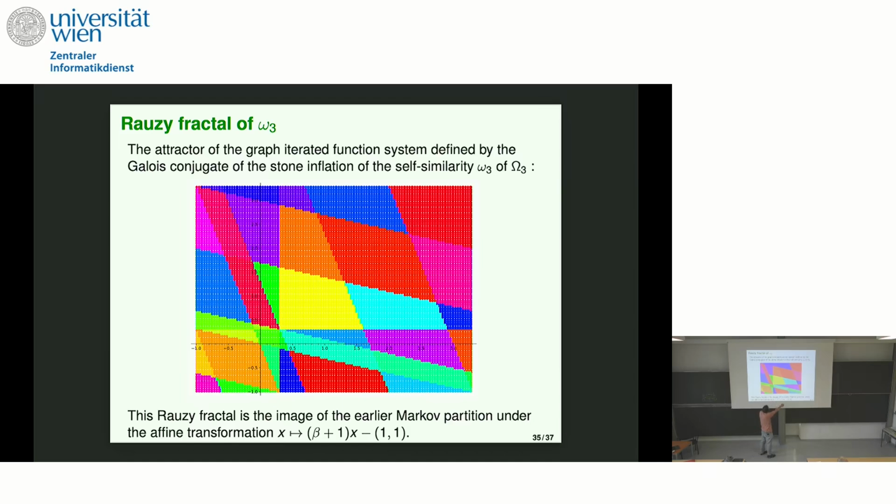So these are the white tiles. Here you have the blue, the yellow, and the green, horizontal and vertical, and so on. So this is the Rauzy fractal associated to the substitution. And it's the Markov partition we have seen earlier, reshaped a little because you go from -1 to beta. And here it's the inverse of beta, instead of 0, 1, which I used to define all the labels of the tiles.